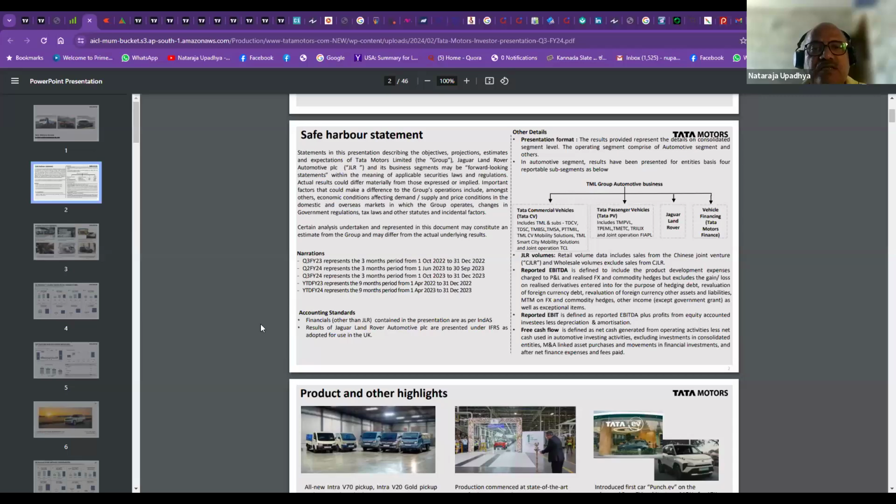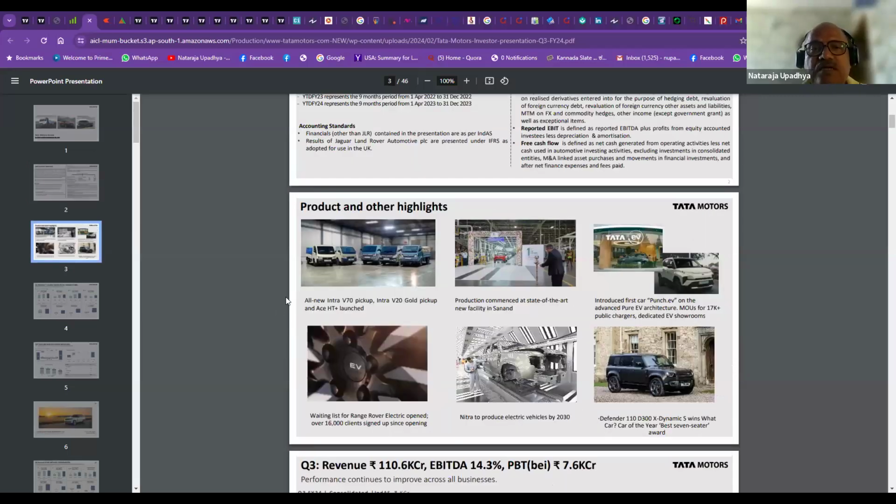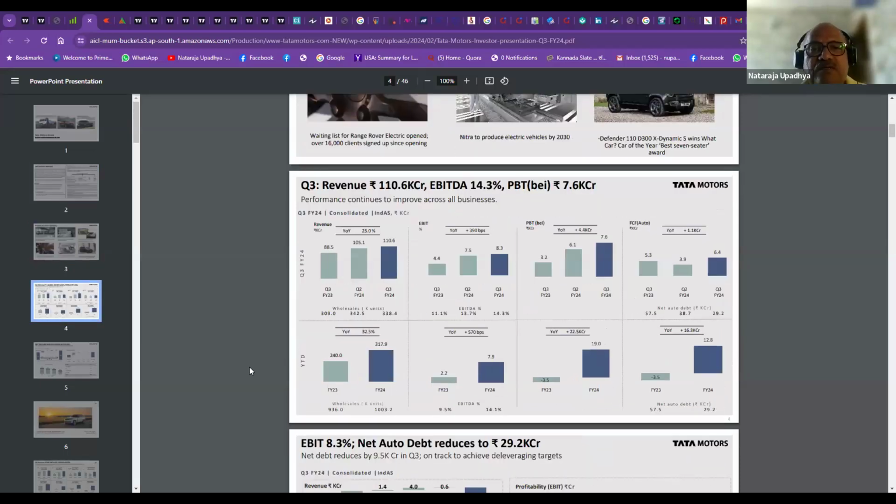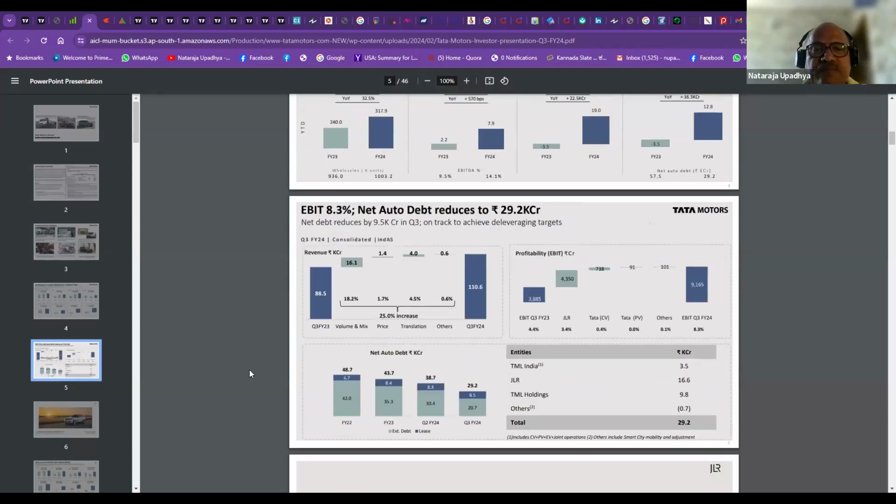Just one second. How it looks, that's all I'm going to highlight today. Okay, so there are some disclaimers they have to make. Then their products portfolio, their revenue statements, earnings statements.